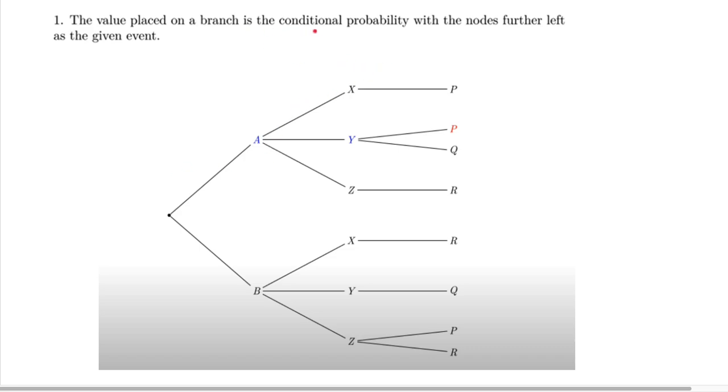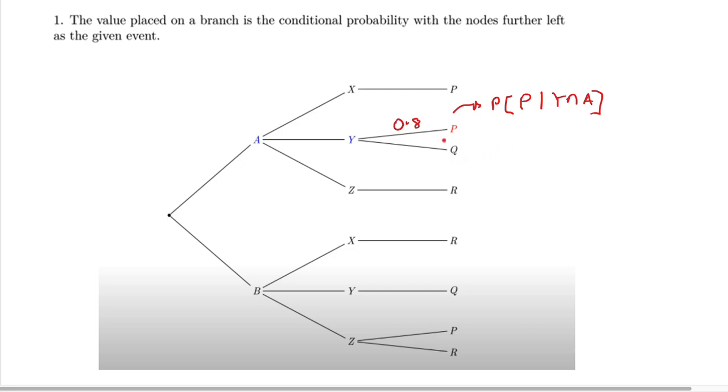The value placed on a branch, let's say this value of 0.8, is the conditional probability of the event P happening, given that Y and A happened first.